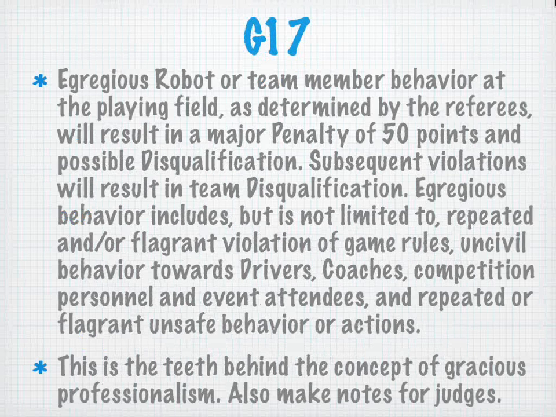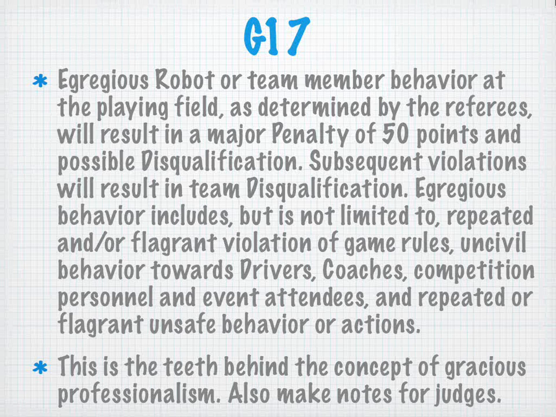G17. This is the big hammer. This is how we enforce the notion of gracious professionalism. If we have either robot actions or team member behavior that is wildly inappropriate, then the ref has the right to disqualify the team, to assess a major penalty of 50 points, and even disqualify them from the event.